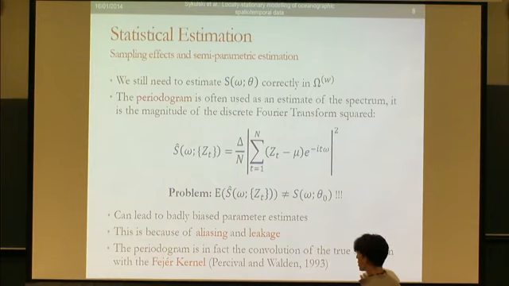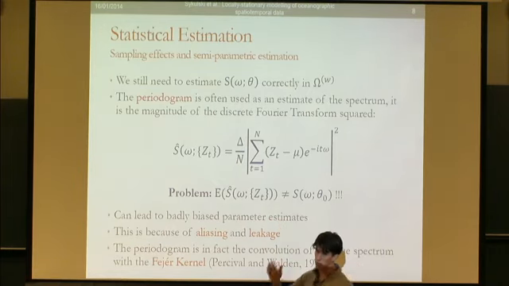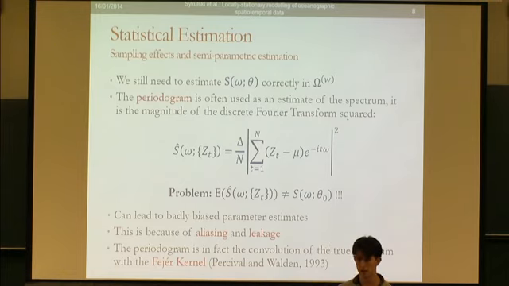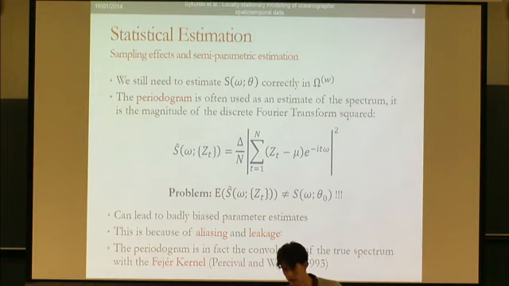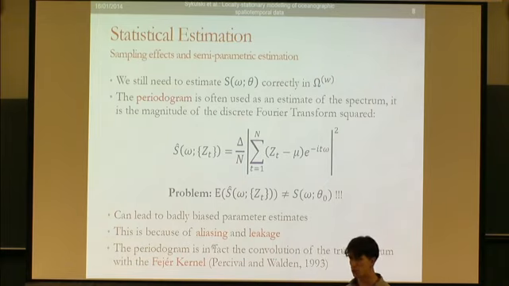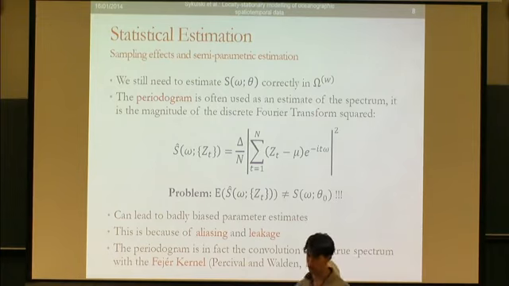And especially because we're going to be using short time series in our locally stationary windows, we're particularly concerned by these sorts of effects. So we don't want to be worried about bias in our parameter estimates. So what can we do? Sometimes people will use tapering for aliasing.